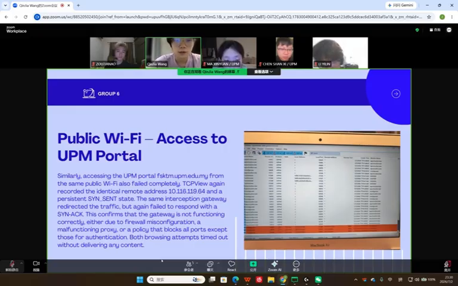The gateway did not respond properly. This confirms that the public Wi-Fi gateway is broken or misconfigured. It blocks all web traffic, no matter which website we try to visit. Both attempts timed out and we could not access any page.